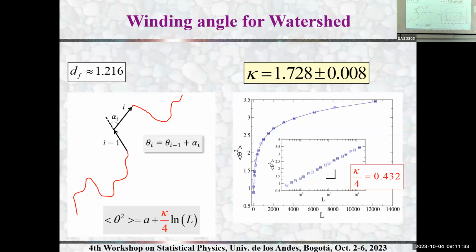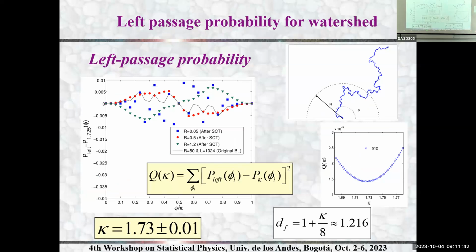Schramm's most impressive contribution here was to write a formula for the left passage probability. So what is the left passage probability? You have your path, the fractal path, and you make a line in the direction of angle theta and of distance r.